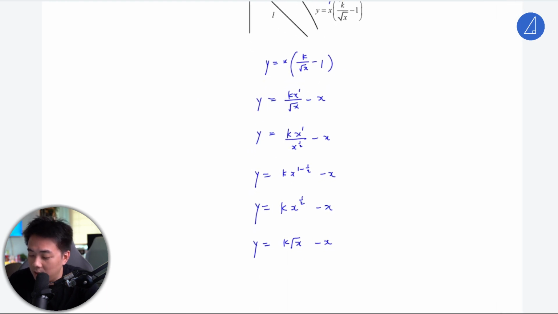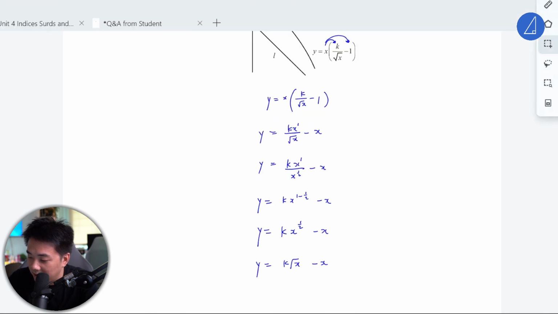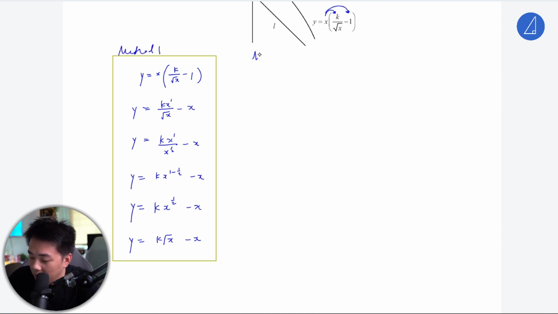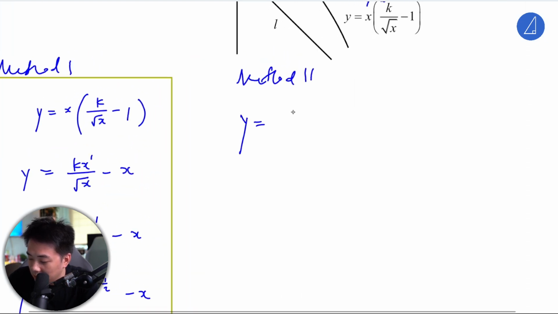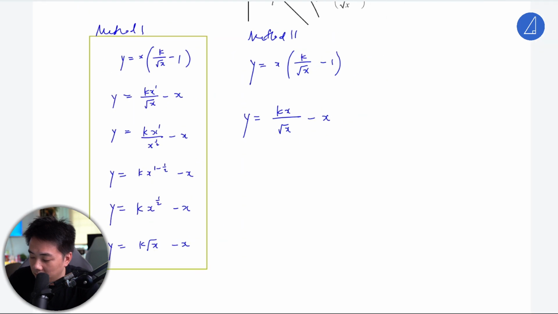The other faster way to rearrange it is what I prefer. This is method 1. Method 2 is what I will do. I know that y is equal to x times (k over root x minus 1). So I know that y is kx over root x, I just distribute it in.